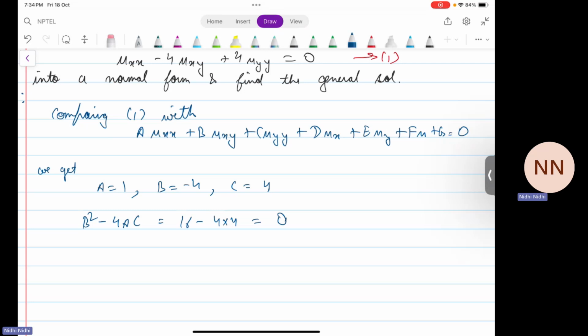We know that this gives us that our partial differential equation is parabolic.